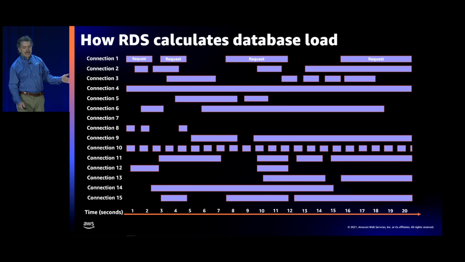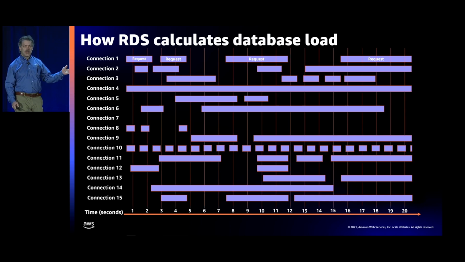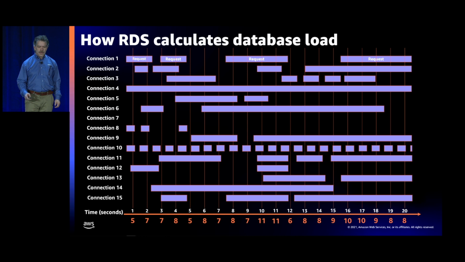So what Performance Insights does is it comes in and samples the number of active sessions. If you look at these vertical lines here, those are representing Performance Insights coming in and sampling your active sessions in the database. And if you actually go ahead and count them up, down at the bottom now, you can see the numbers that represent going down through each one of these vertical lines and counting how many sessions were active at each moment in time.